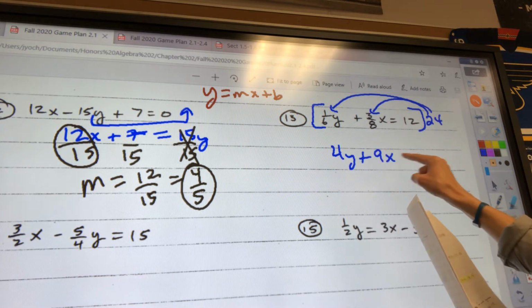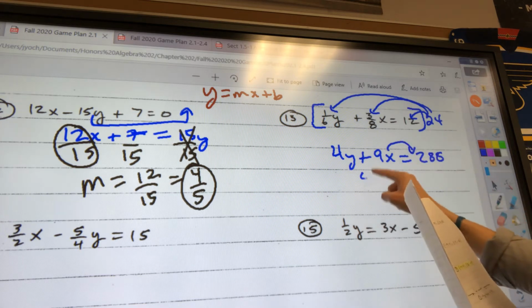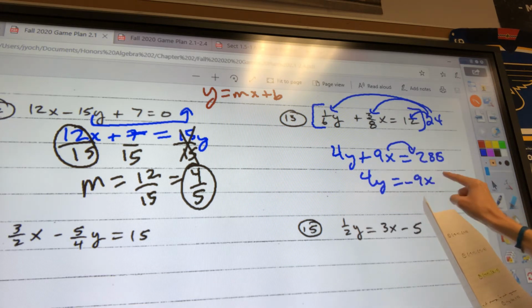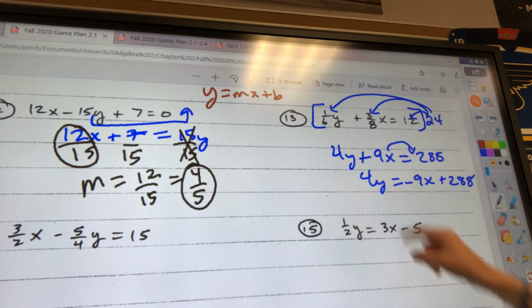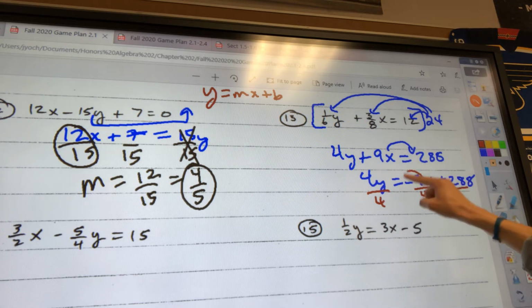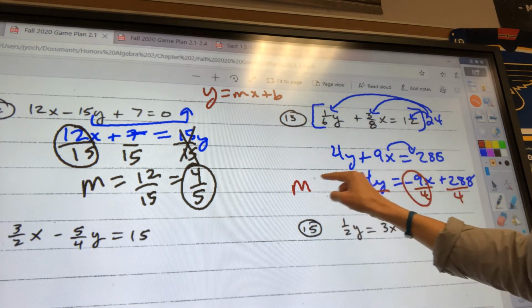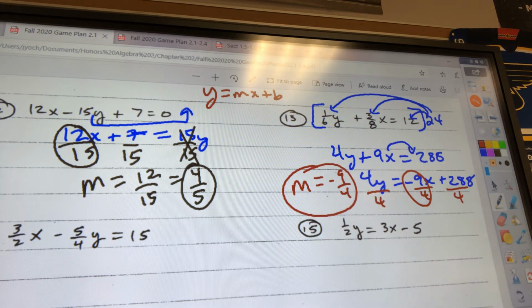It's 9x. It's equal to 288. Move the x over. 4y is a negative 9x plus 288. Again, all I care about is when I get y all by itself, what will be attached to x. The slope is a negative 9/4. That's the way you can show the work for me on that first quiz in chapter 2.